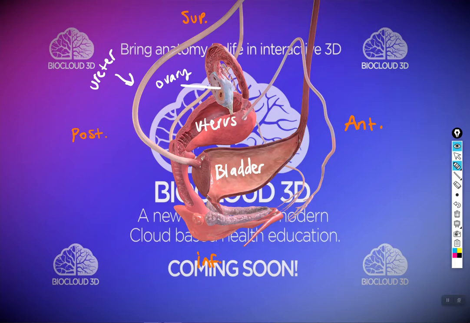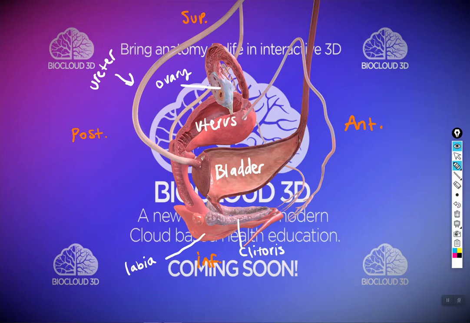And then down here, we have the labia, and we also have various clitoral structures. And if you're thinking to yourself, I thought the clitoris was just at the front. Nope, it's larger than that, and we'll look at that too.